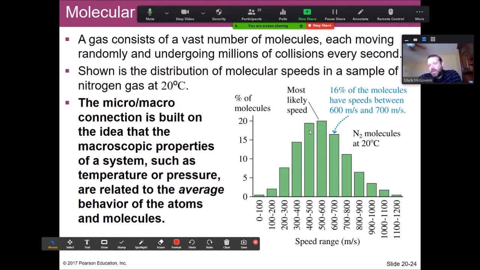There is a most probable speed, which is right here. There's the RMS speed. There's an average speed. There's actually a lot of different concepts here. But you can see the distribution. There's a peak somewhere where the vast majority of speeds lie, but things can be a little larger, things can be a little smaller, and that's just statistical randomness, that's it.